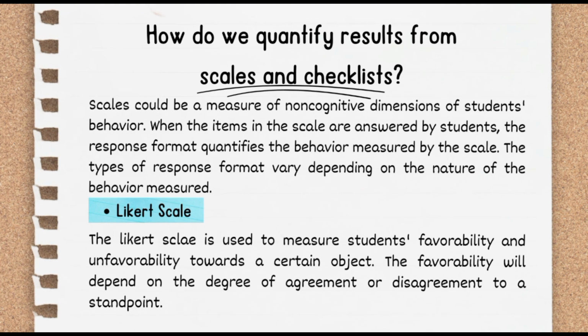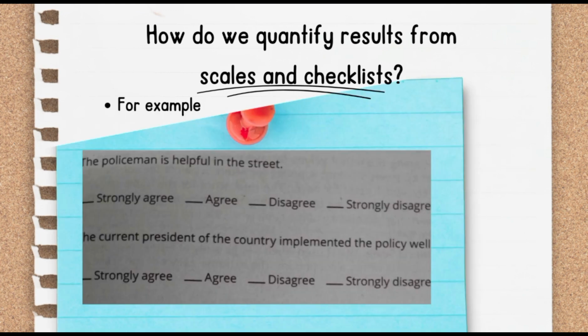For example, in this example statement, the policeman is helpful in the street. Since this scale is about favorability and unfavorability, of course the choices from the statement are strongly agree, agree, disagree, or strongly disagree.